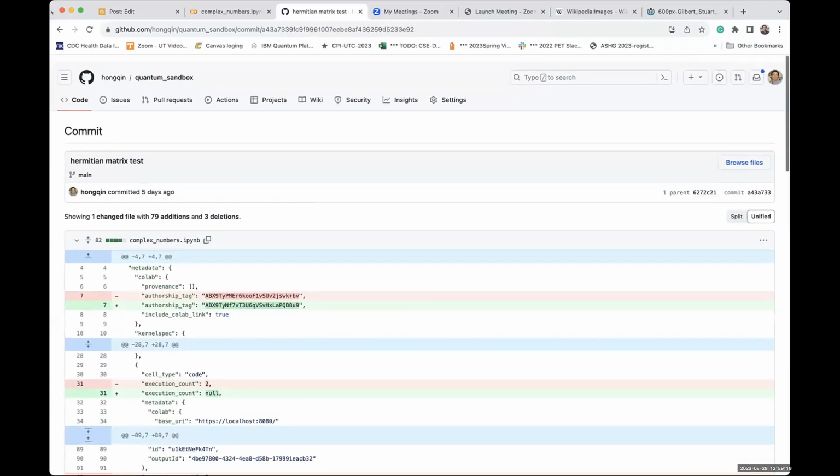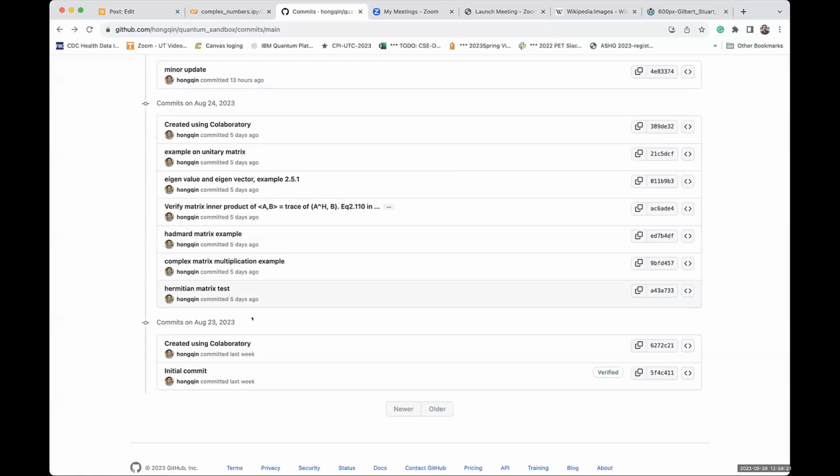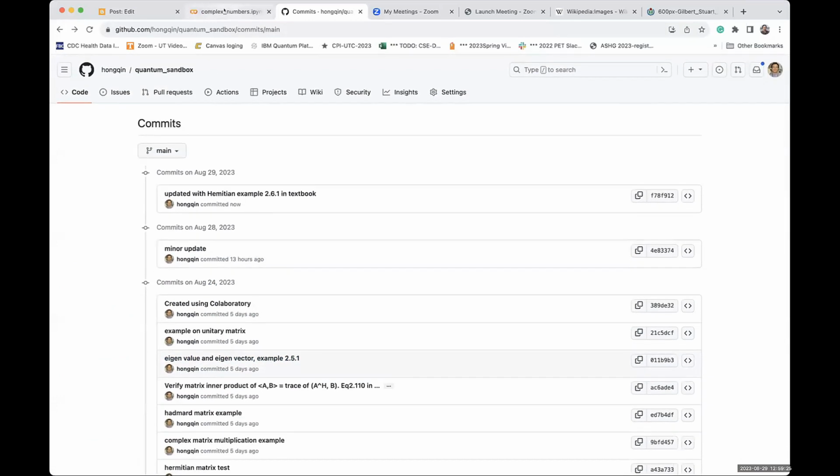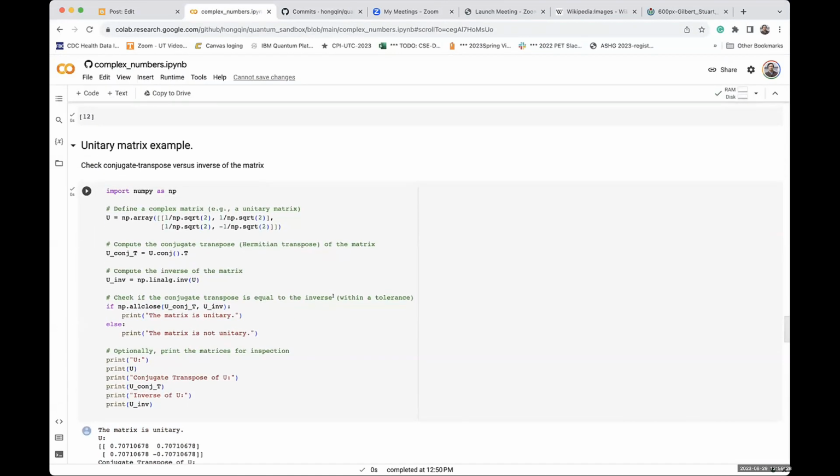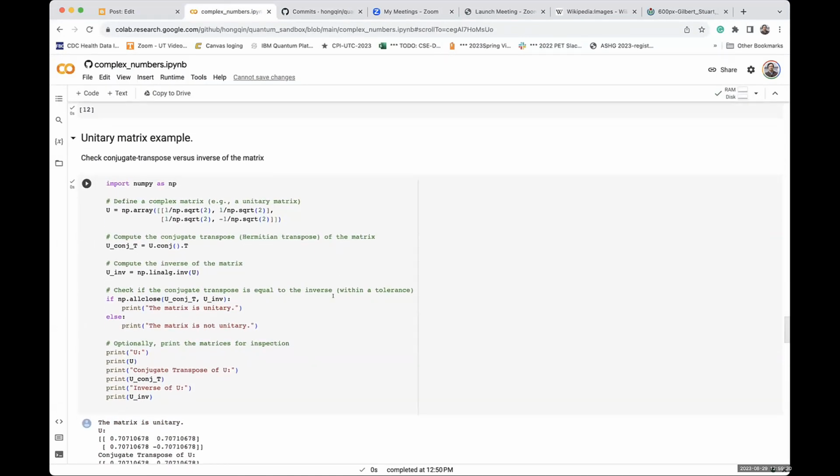Yeah, I first started 5 days ago, trying to work on the Hermitian matrix test. Okay, and the next important concept is the unitary matrix in the book.